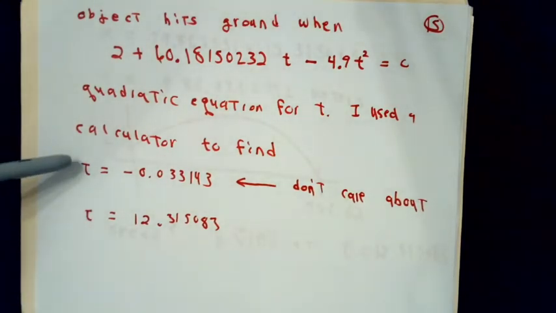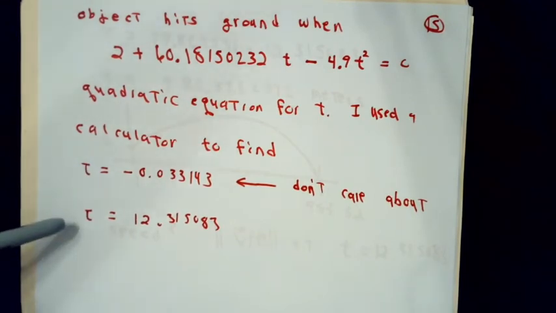One of them is negative though, and I don't care about that one because the situation started at t equals 0 and then time moved forward from that. So this value means nothing important to me. The other one though, the positive value, is the t value bigger than 0 after the beginning of the situation, at which my object is going to be on the ground.